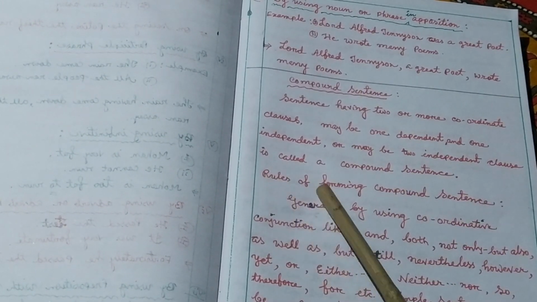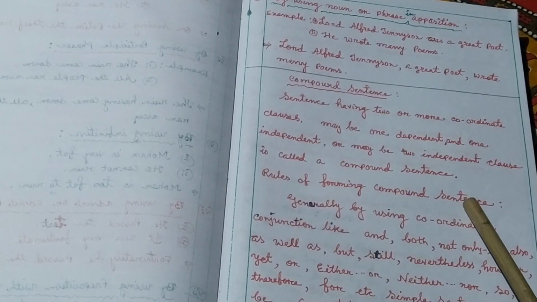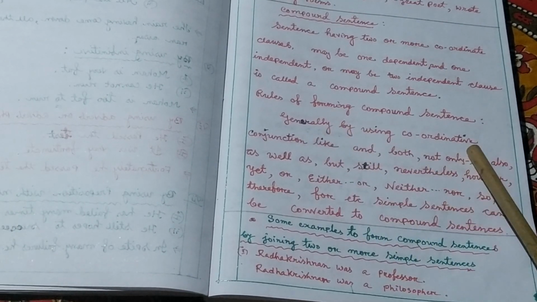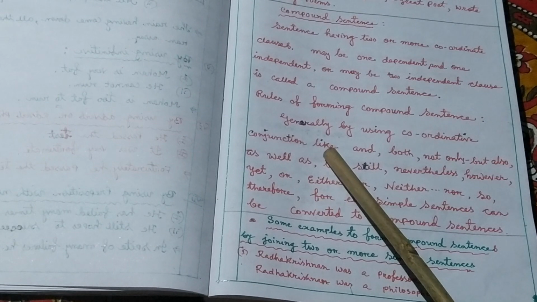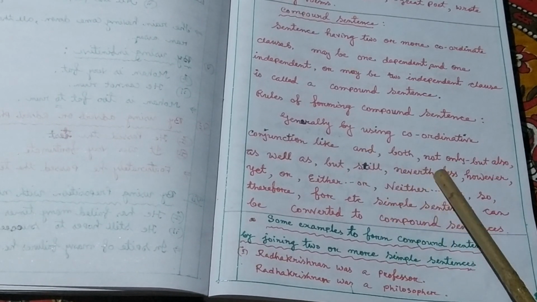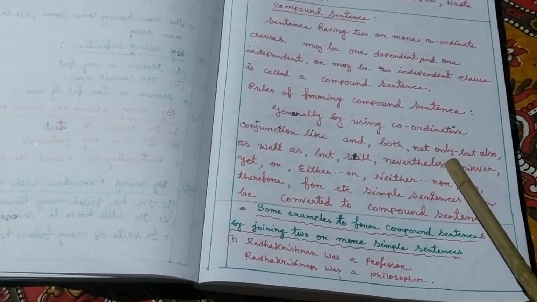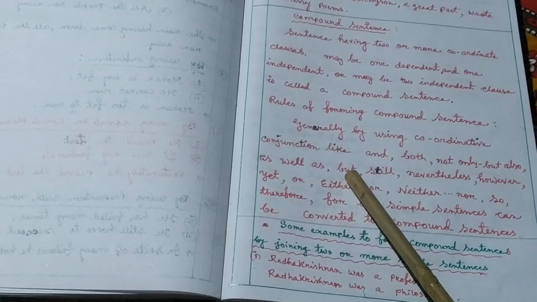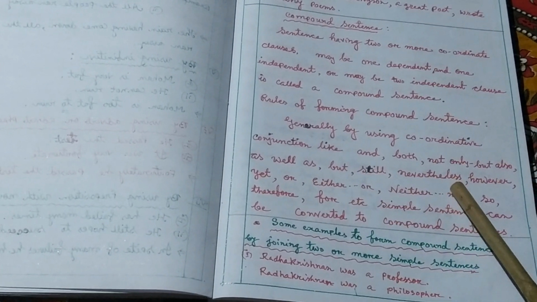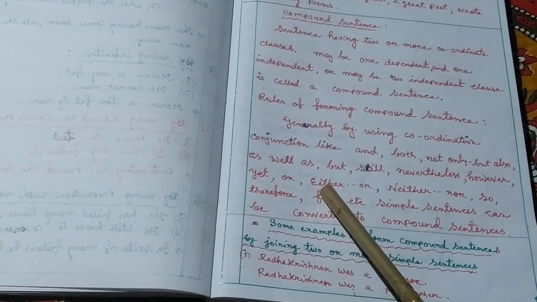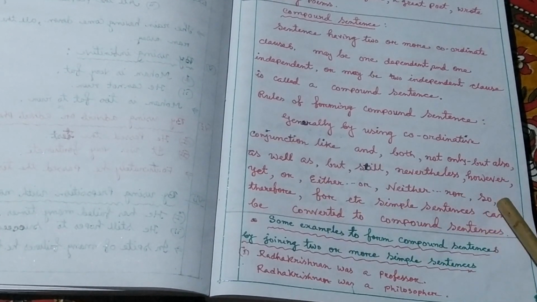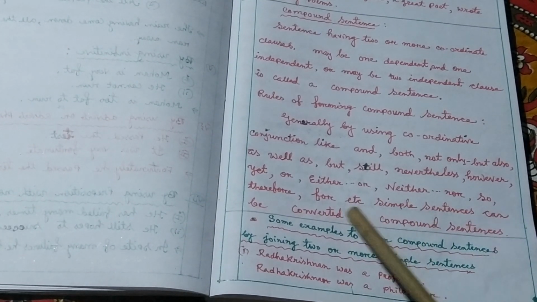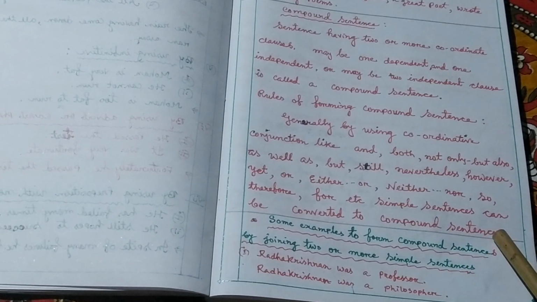So students, now rules of forming compound sentences. Students, generally by using coordinating conjunctions like and, both, not only but also, as well as, but, still, nevertheless, however, yet, or, either or, neither nor, so, therefore, for, etc., simple sentences can be converted to compound sentences.